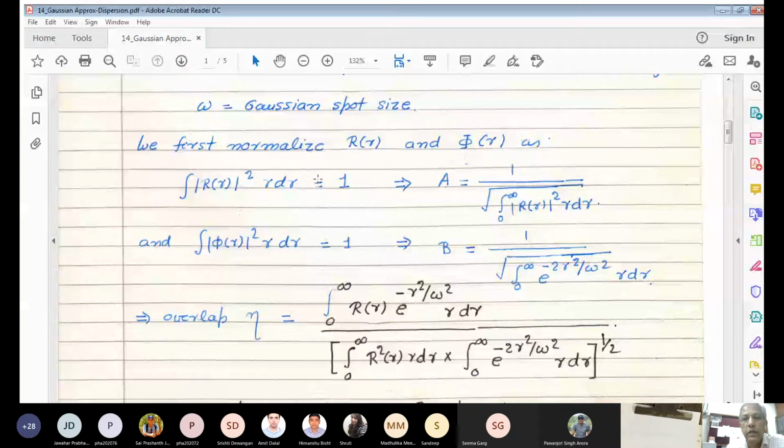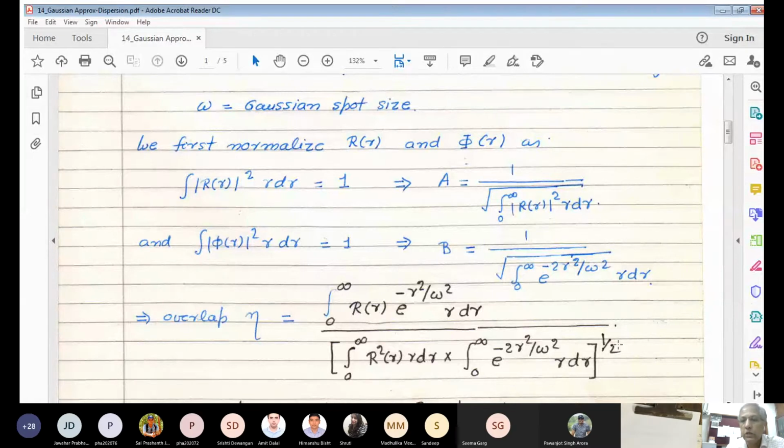This gives A equal to 1 upon the square root of the integral of |ψ(r)|² r dr. Similarly, if you normalize the Gaussian function, then B comes out to be 1 upon the square root of the integral of exponential of minus 2r squared by w squared r dr.